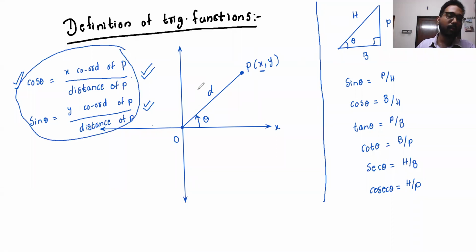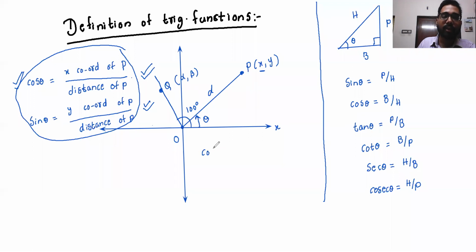Even if theta is 90 or more than 90, we don't have any problem with this. Suppose I want, let's say, 100 degrees. I'll take a line which is making 100 degrees with the reference. Let us mark this point as Q. I can take Q anywhere. Let's say its coordinates are alpha and beta, and the distance is OQ.